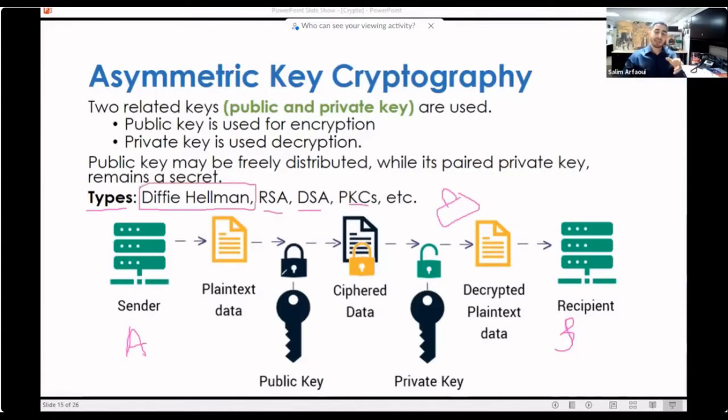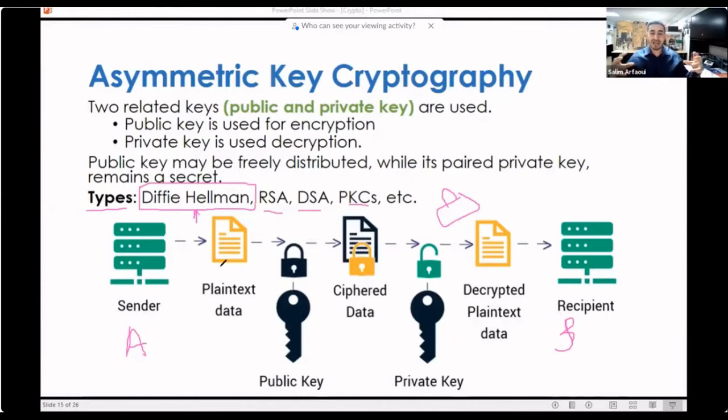So think of this. In order for Alice and Bob to communicate securely, remember we said earlier that Trudy is going to be able to read the encrypted version of the message. However, let's say we apply the Diffie-Hellman algorithm, which is a key exchange algorithm using public and private keys.